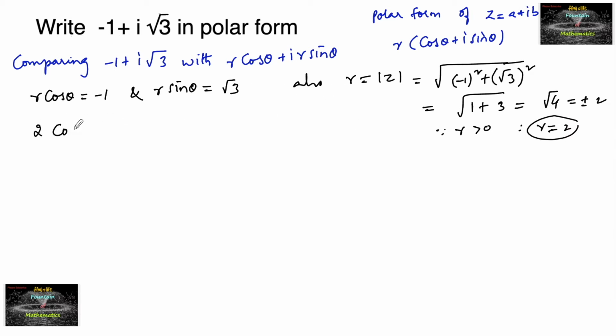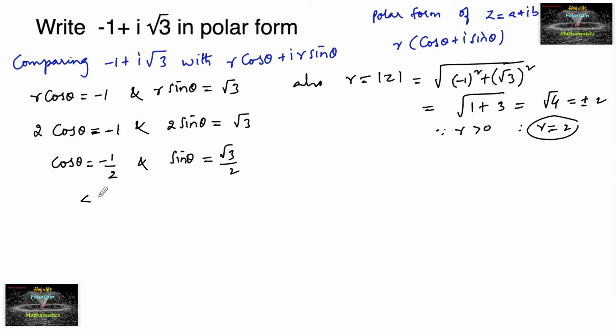So we can write 2 cos theta is equal to minus 1 and 2 sin theta is equal to root 3. Or we can write cos theta is equal to minus 1 by 2 and sin theta is equal to root 3 by 2. So cos theta is negative and sin theta is positive.